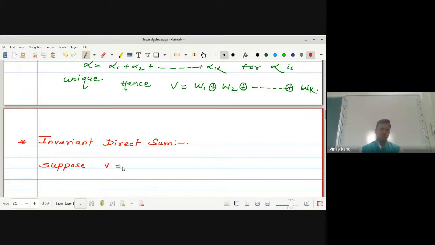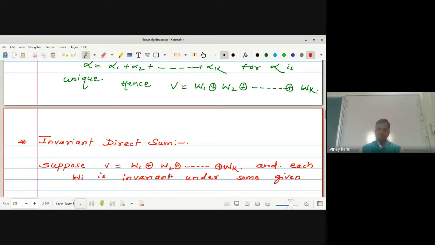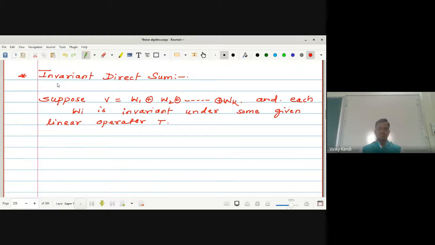Suppose V is equal to W1 direct sum W2 direct sum up to Wk, and each Wi is invariant under some given linear operator T. Then this is the invariant direct sum.